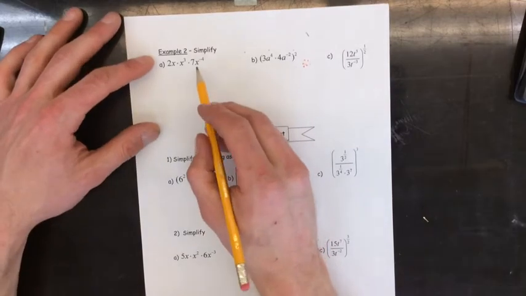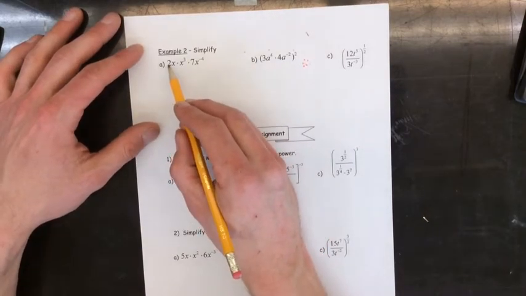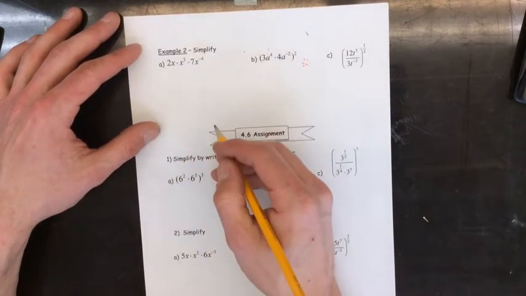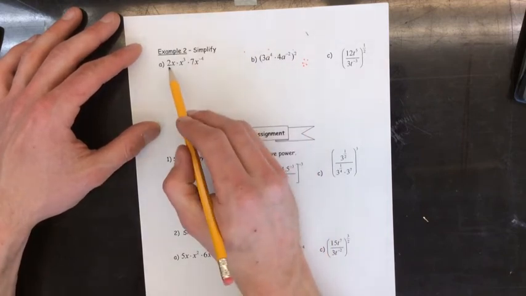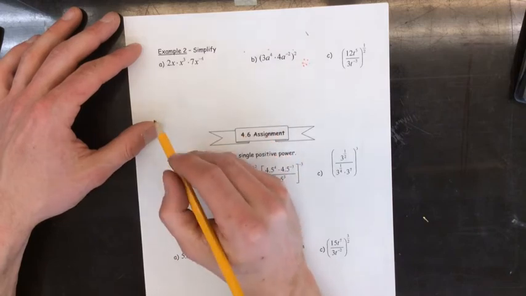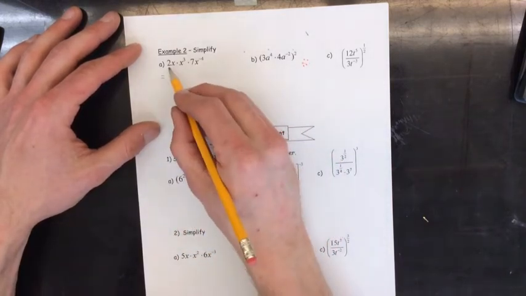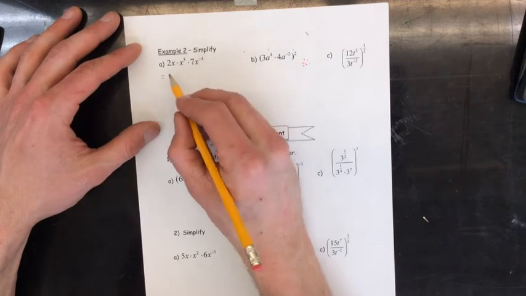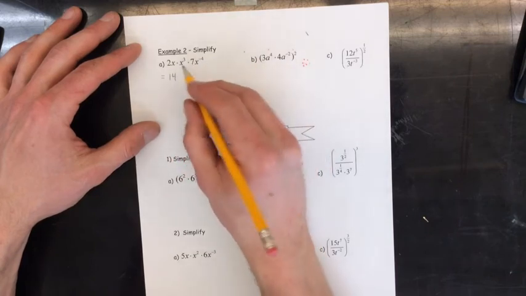Let's try example 2. Here we have coefficients, letters, and exponents. So in this case, I have 2x times x to the power of 3 times 7x to the power of negative 4. So 2 times 1 times 7 will give me my 14.